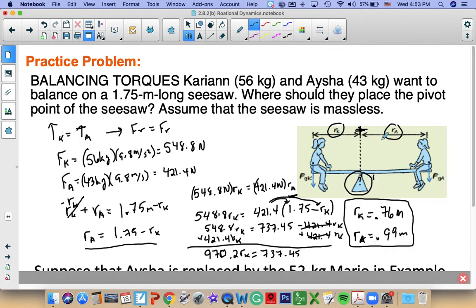So the pivot point should be 0.76 meters here and 0.99 meters here. This part right here was really the ticket to solving this problem. I had to understand that that radius plus that radius will equal my total length of the seesaw, which is that 1.75 meters.